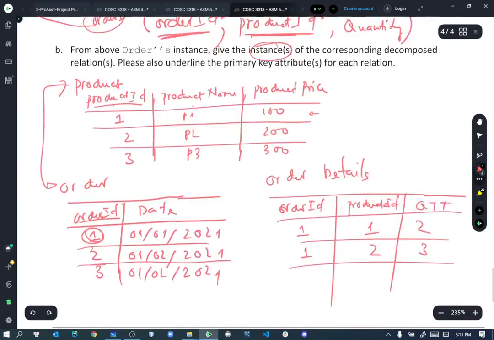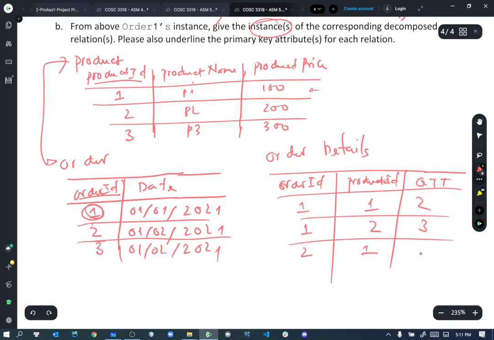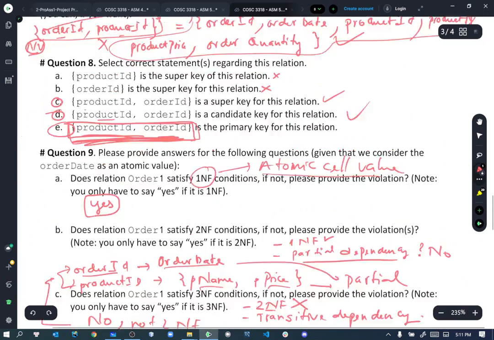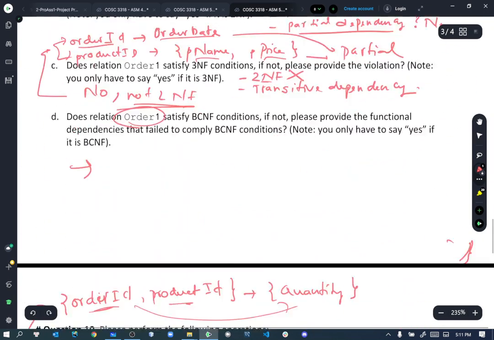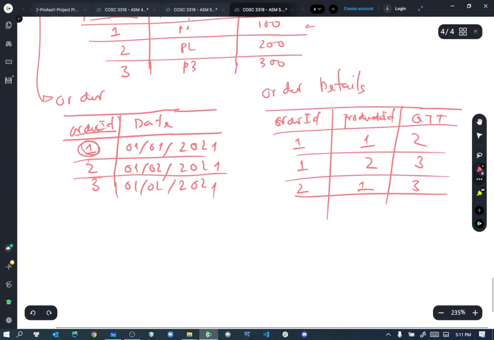Order number 2, product 1, they buy 3. Then order number 3, product 3, they buy 2.